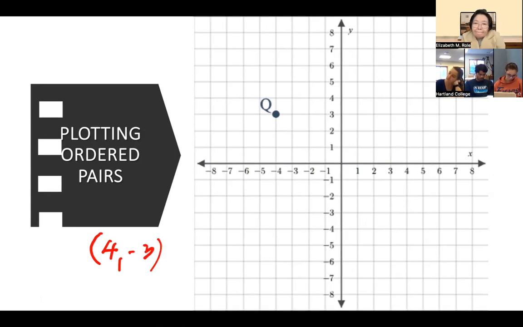Go across to 4 and go down to -3. This is now our point, (4, -3).